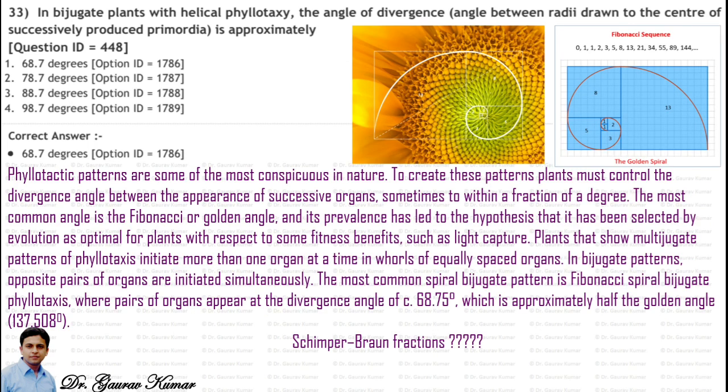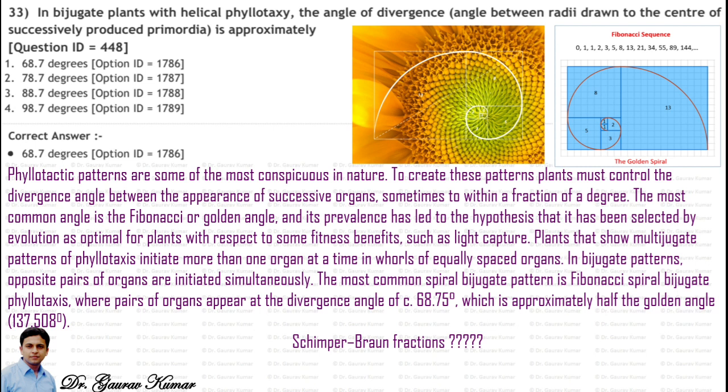As you can see, the upper one is the sunflower, and on the right hand side in the image you can see the Fibonacci sequence. They are actually 0, 1, 1, 2, 3, 5 and so on. You can just count the number of squares: 1 means 1 square, 2 means 4 squares, 3 means 9 squares, 5 means 25 squares and so on.